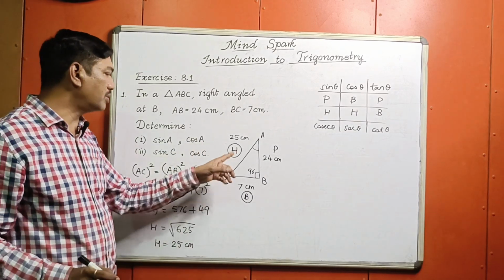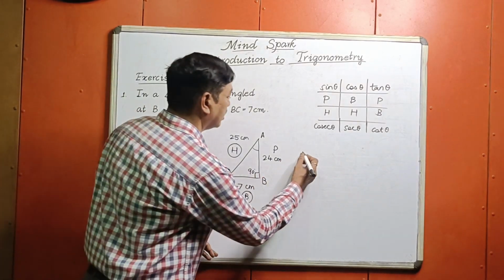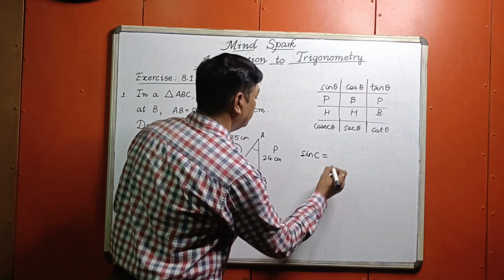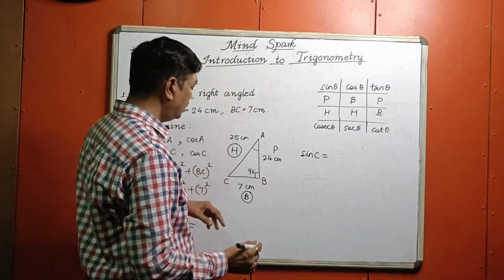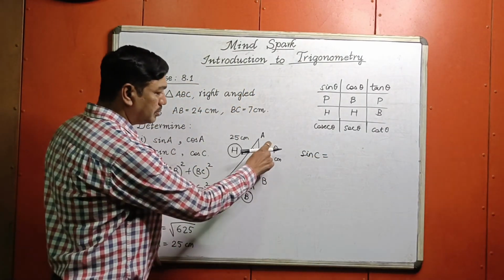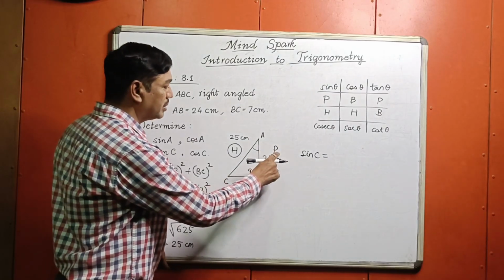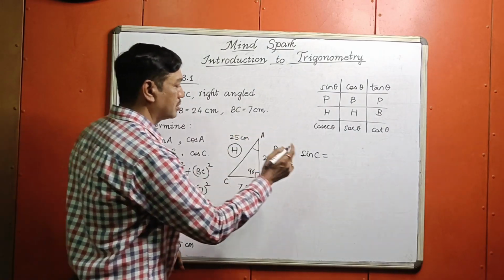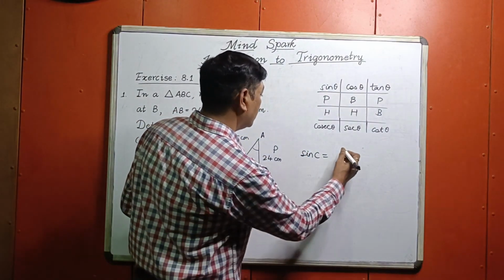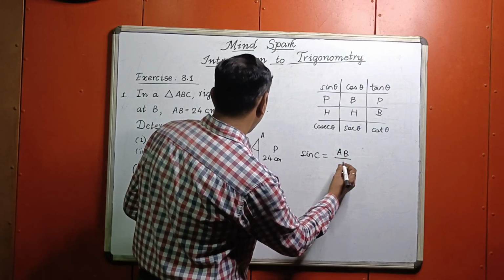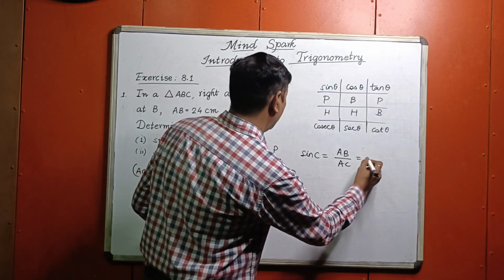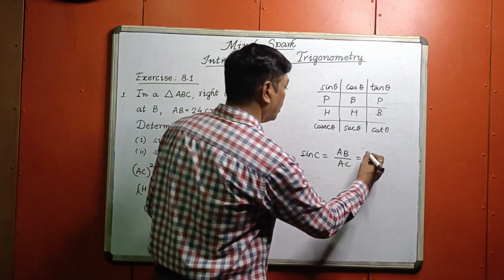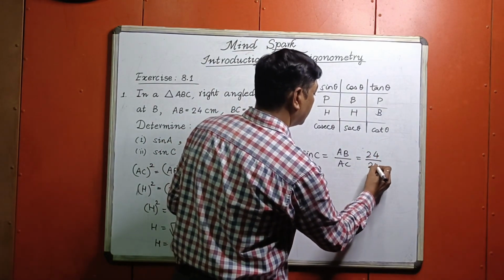Now coming to find sin C. Sin C is equal to perpendicular by hypotenuse. Now the perpendicular has changed. So it is AB by AC. How much is AB? AB is 24, so sin C is 24 by 25.